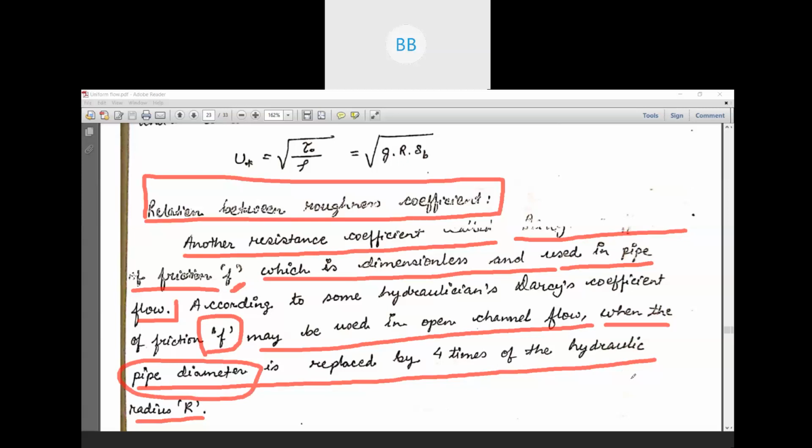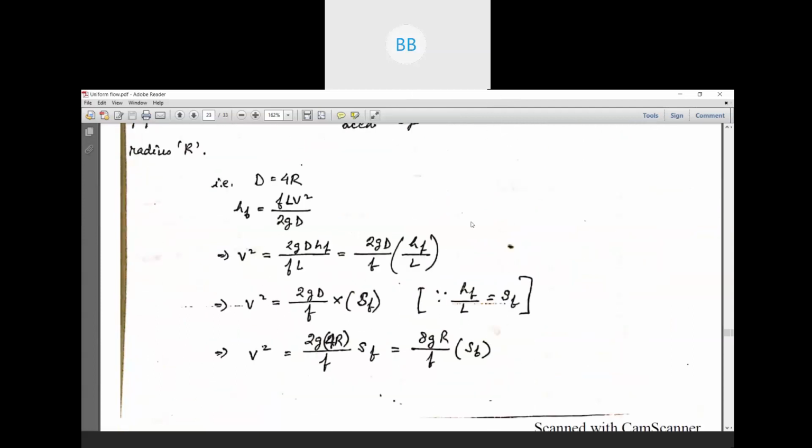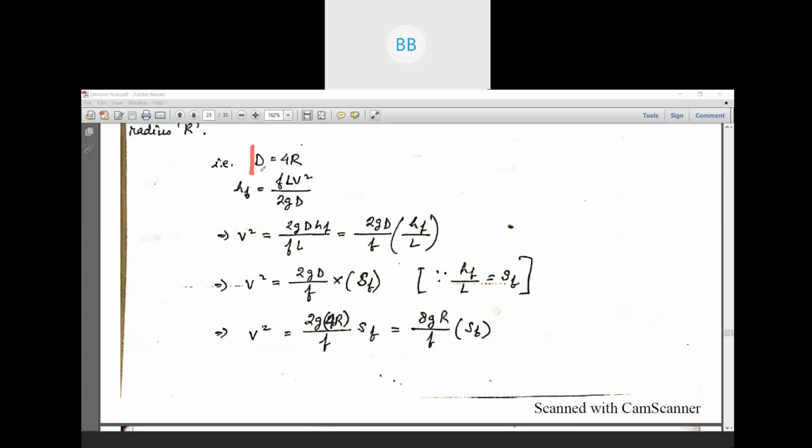So please write down this paragraph. We are replacing the diameter by 4 hydraulic radius.